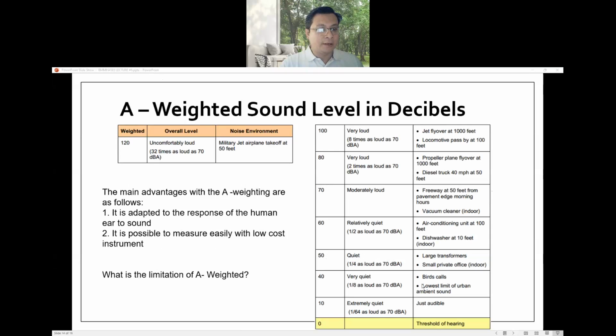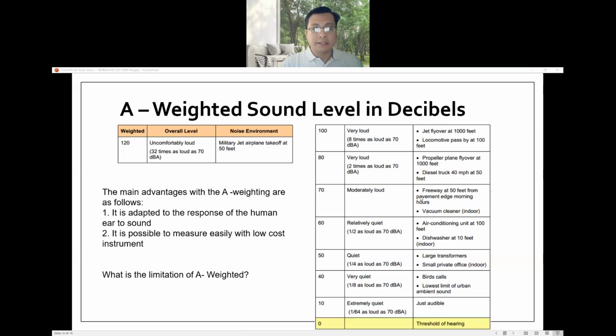What I mentioned at the beginning of the lecture class, we try to make a range of conditions in a certain area. That's why we need to refer to the standard that tells us which level is acceptable or tolerable to humans.